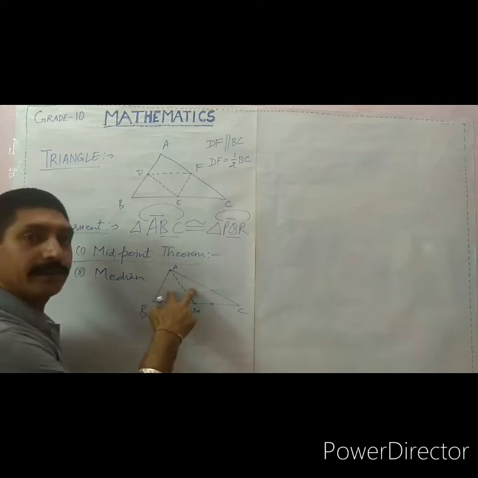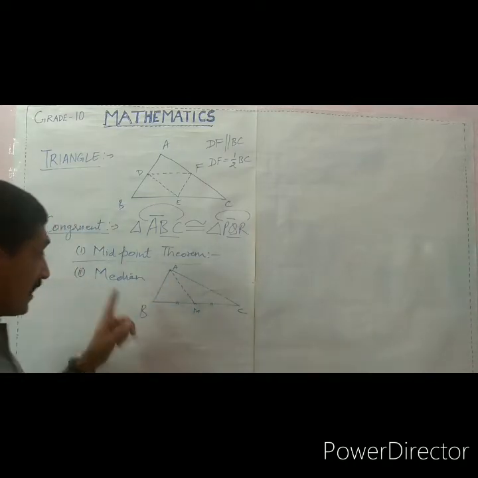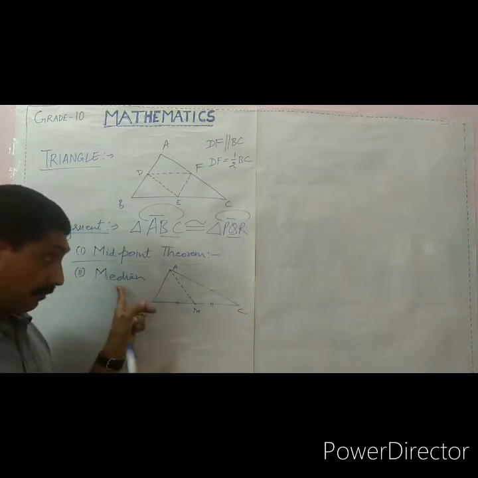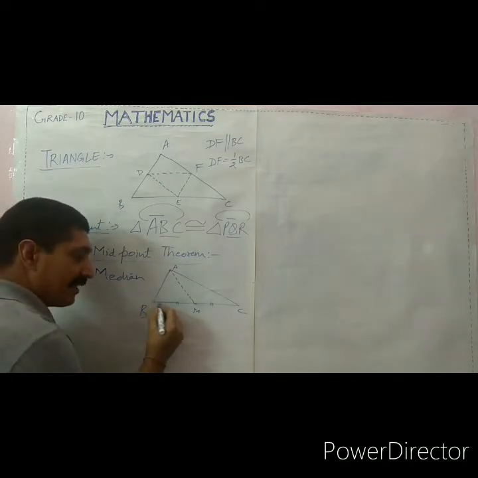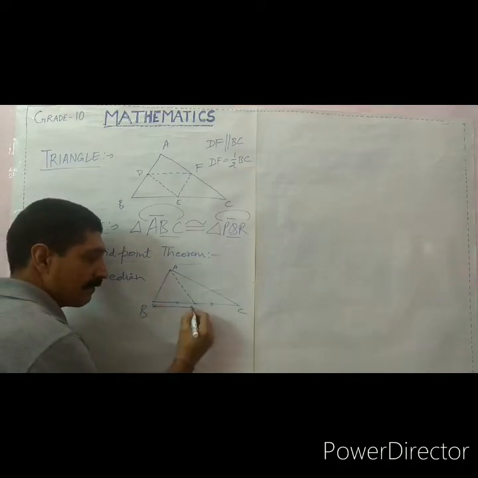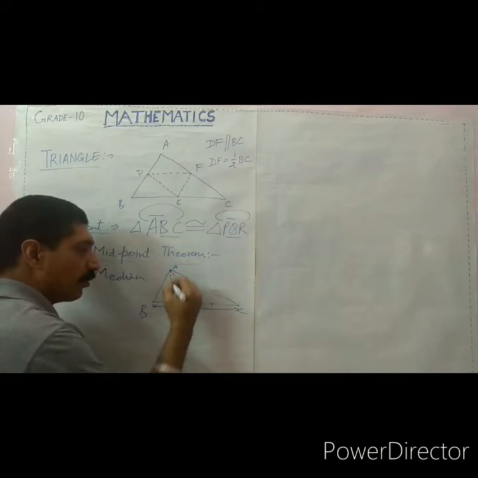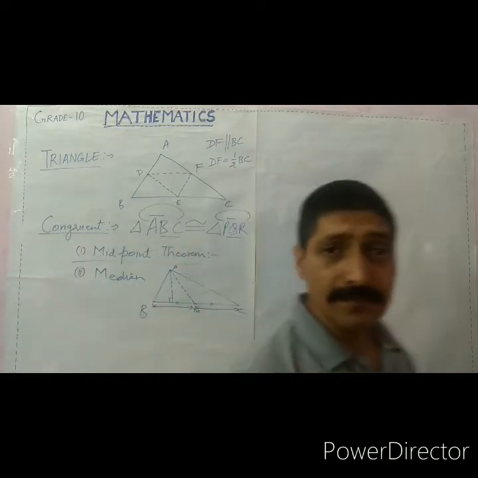They are not congruent, but their area is always equal. This is the property of medians. We proved this in grade 9 also, because the bases of these two triangles are of the same length and the corresponding height is the same.